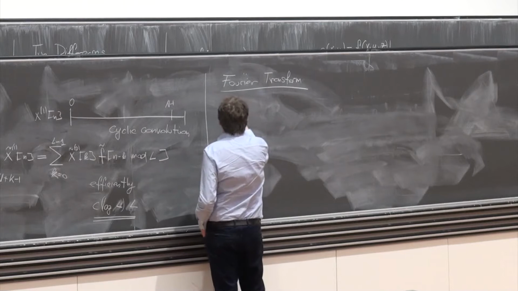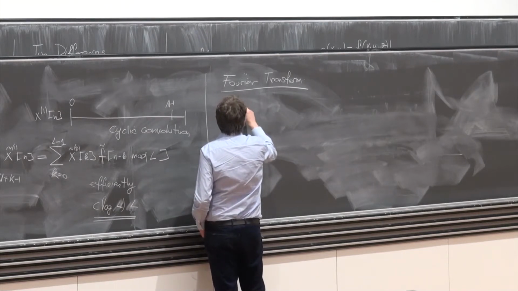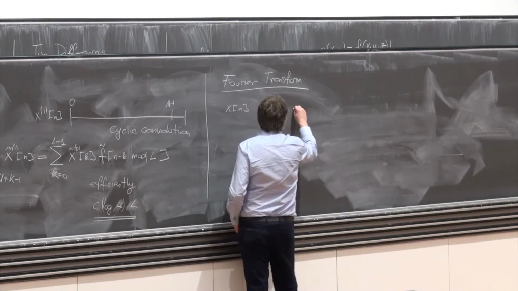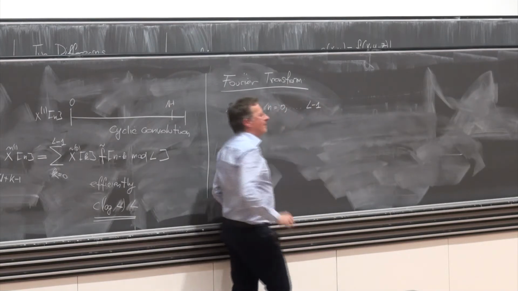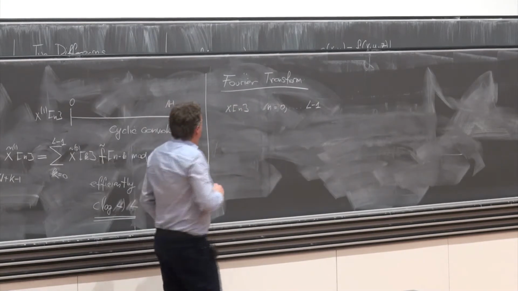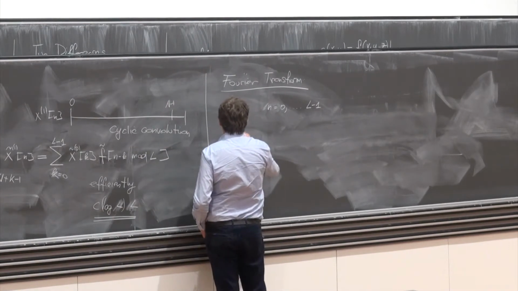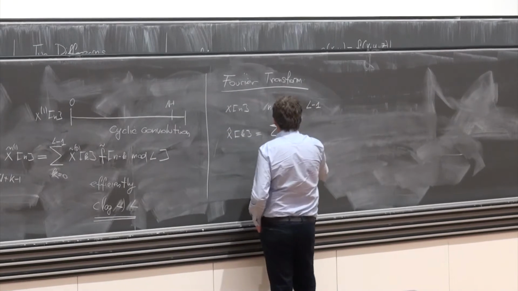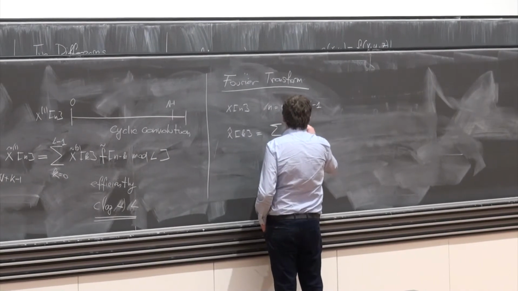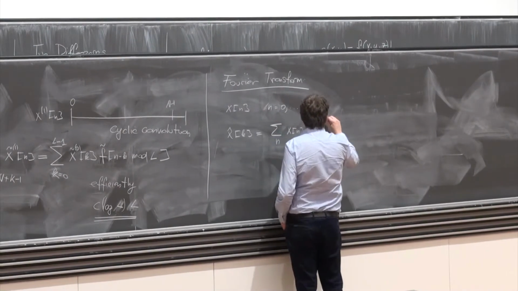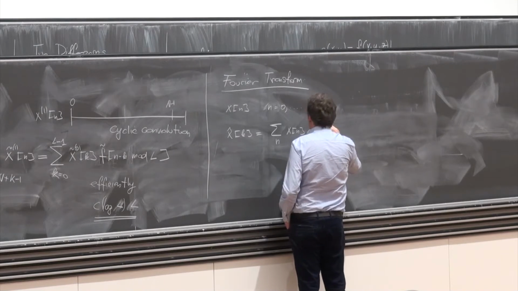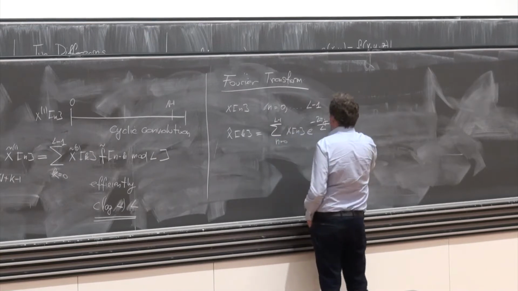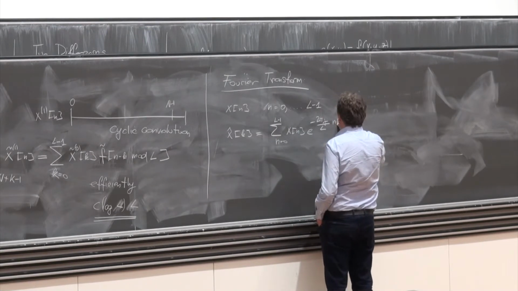So if I take, in general, a signal x of n, for n from 0 to L minus 1, so a signal of length L, then the Fourier transform, x hat of k, is simply the sum over all n of x of n times e to the minus 2 pi j over L times n k.